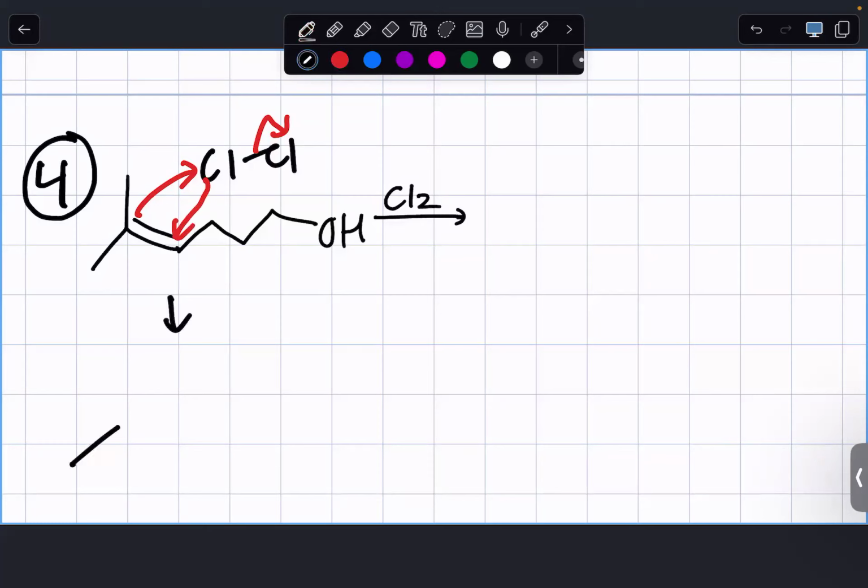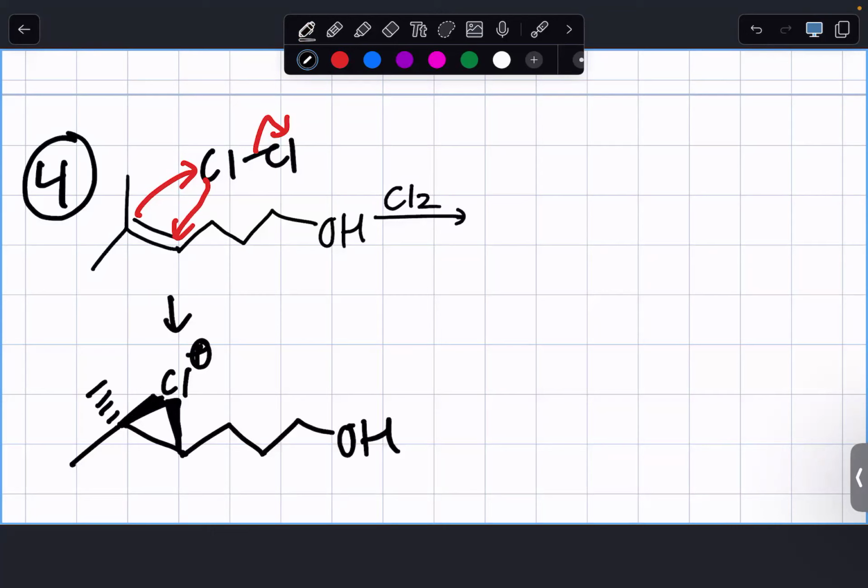And that would form our chloronium ion, where in this case it doesn't matter where it attacks on the top or bottom side because there is no other stereochemistry, and that's why there's a 50-50 chance. I'm going to choose that chlorine ion to become a wedge chloronium ion, right?